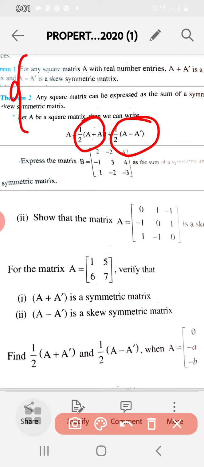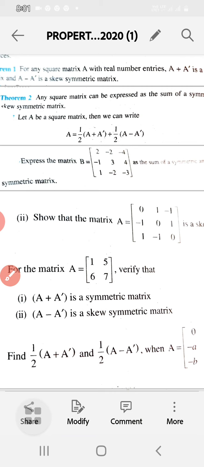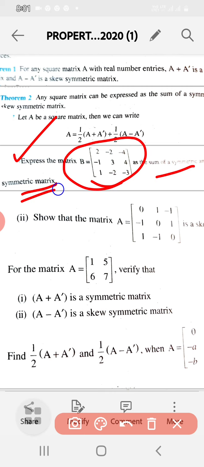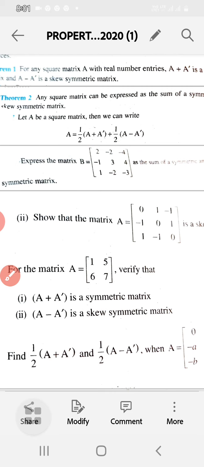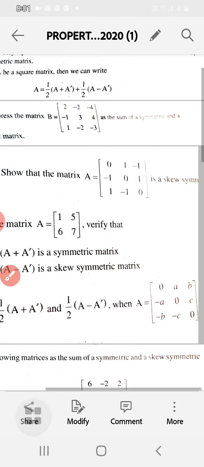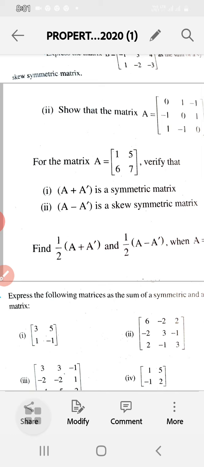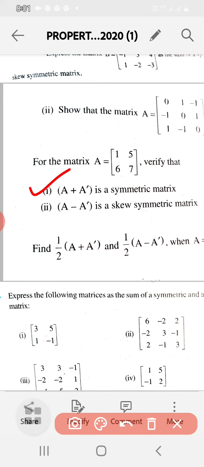So how can we understand these two statements? One example is given here. We have to express this matrix as a sum of symmetric and skew symmetric matrix. Then I have taken another example: show that the matrix A is a skew symmetric matrix. Then another example: for the matrix, verify that A plus A dash is a symmetric matrix.